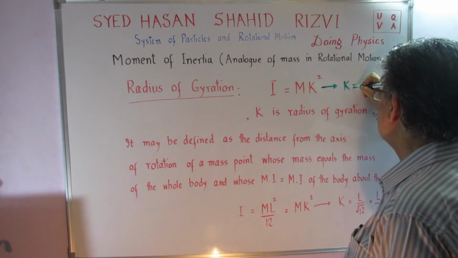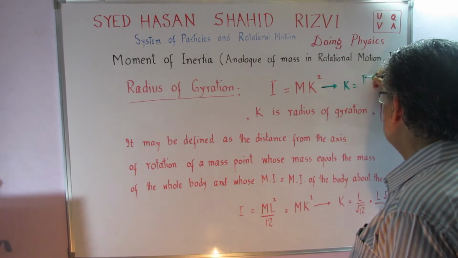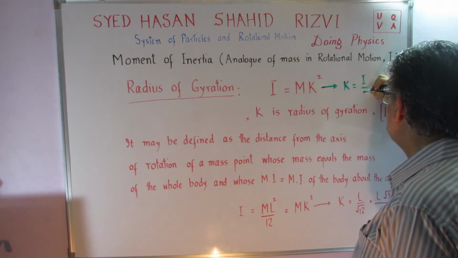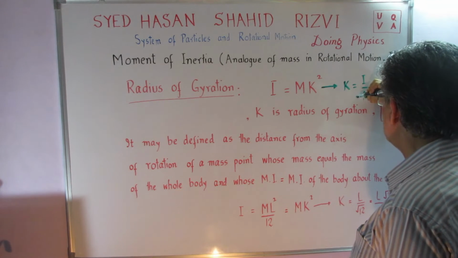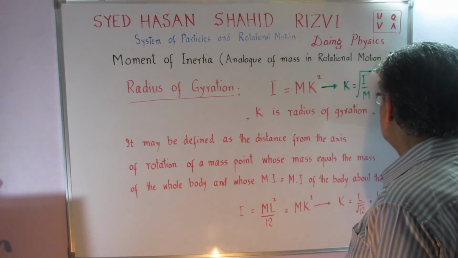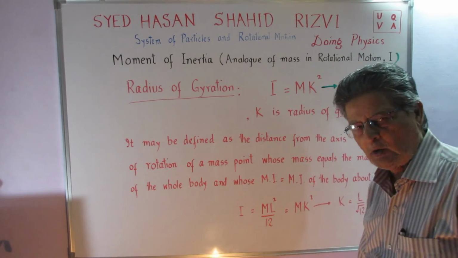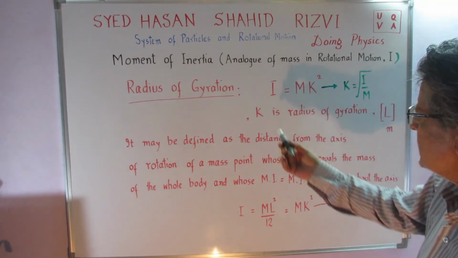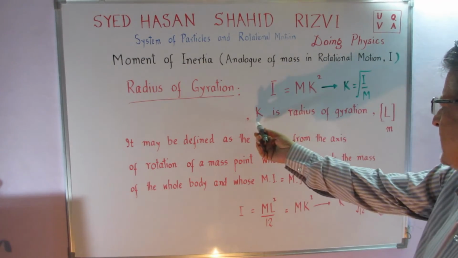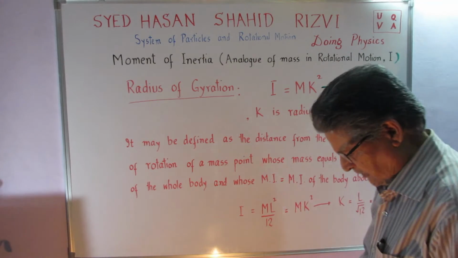k is equal to the square root of the moment of inertia, which we know, upon the mass, which we know, and that means the axis of rotation, the composition of the body, etc., we know. Now this k is called the radius of gyration.